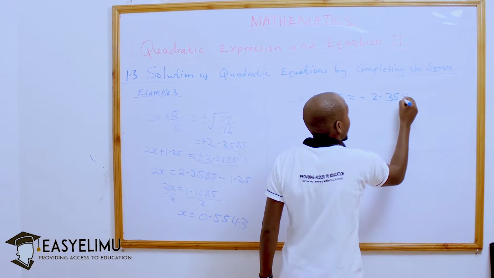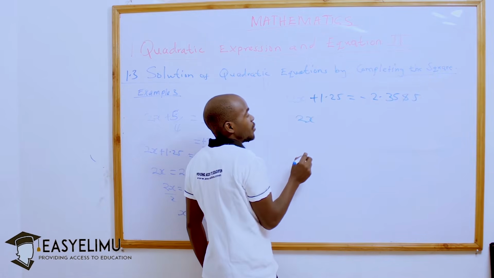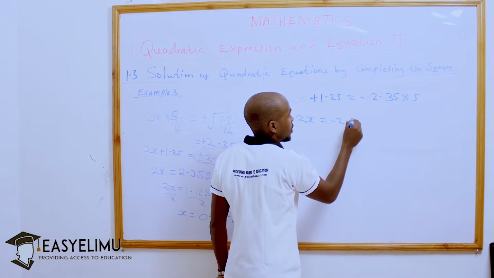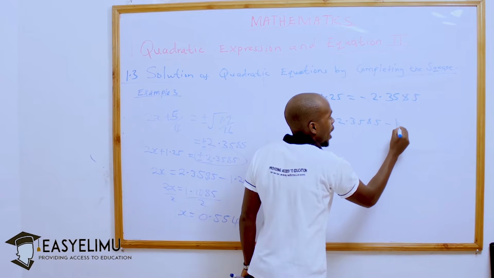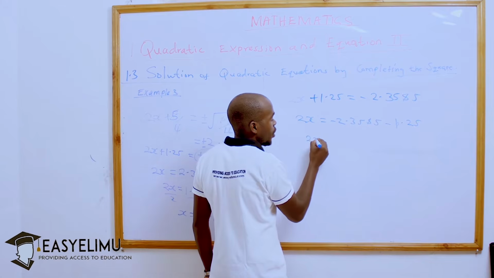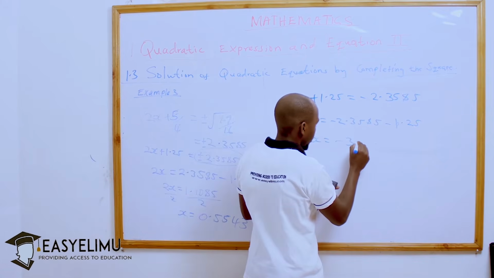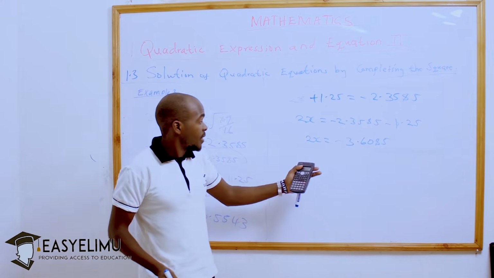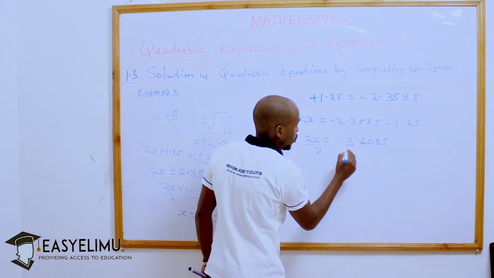So considering it as negative, we are going to have another kind of an answer, and we shall have 2x, but this one on crossing the equal sign will be negative 2.3585 minus 1.25. And on doing that, we are going to have 2x is equal to negative 3.6085. Guys, having that one, we can still find the value of x by dividing both sides by 2.